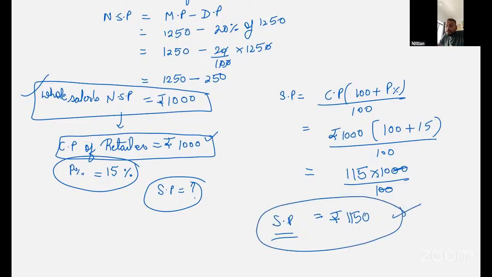Did you understand, guys? Yes. Instead of doing all of these steps, can't I just directly do 15 upon 100 into 1,000? I got the same answer. Then I find the profit, which is 15% of 1,000, and I just add it to the cost price and get the same answer.